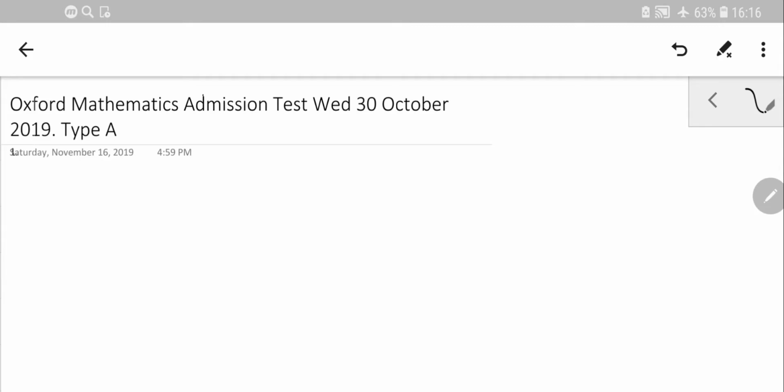Here, you'll have all the detailed explanations for how to cope with this sort of problem. This is the mathematics admission test for candidates applying for mathematics, computer science, or one of their joint degrees. The primary universities considering those candidates are Oxford University, Imperial College London, and University of Warwick.